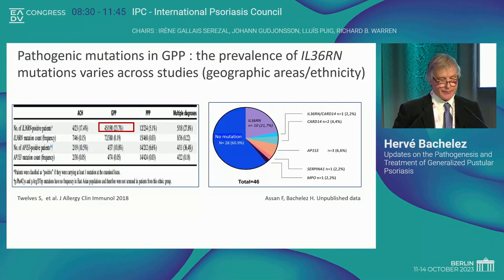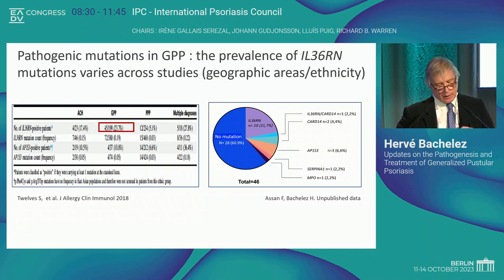So pathogenic mutations in GPP: the prevalence of the IL-36RN mutations varies across studies, but more or less, this is a study on a large panel of patients using different methods. The coverage was not completely exhaustive, but this deserves some credit because it's a large set of patients. You can see that 23.7% were IL-36RN positive.